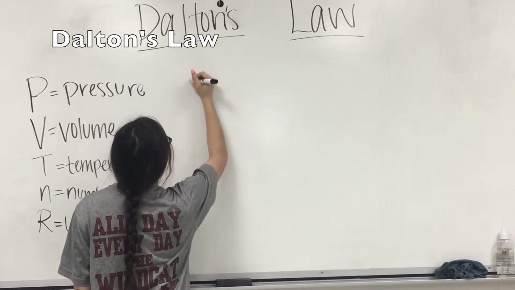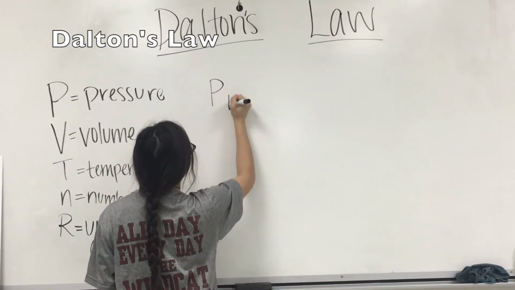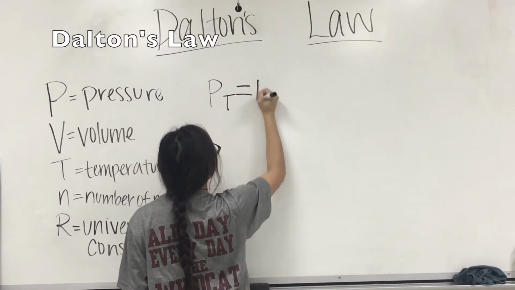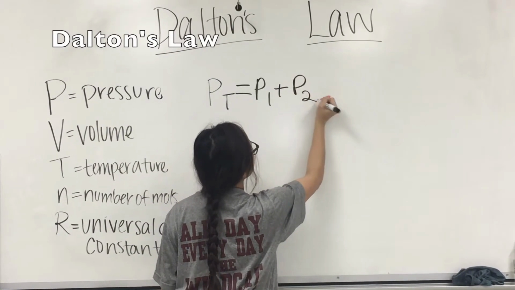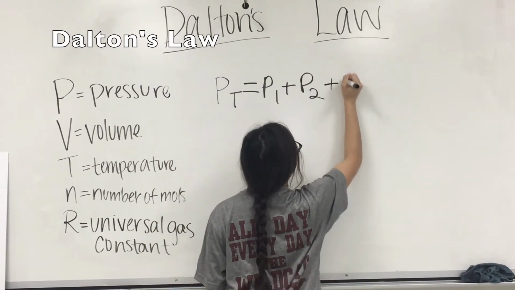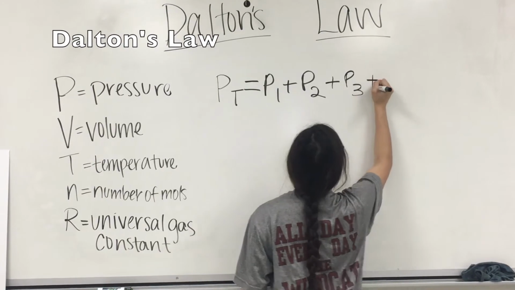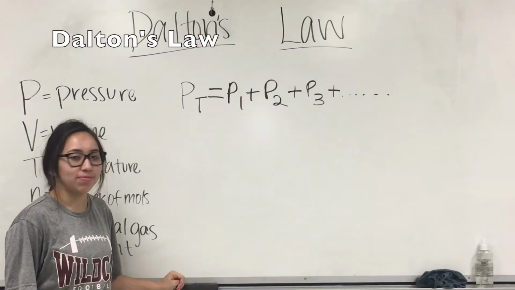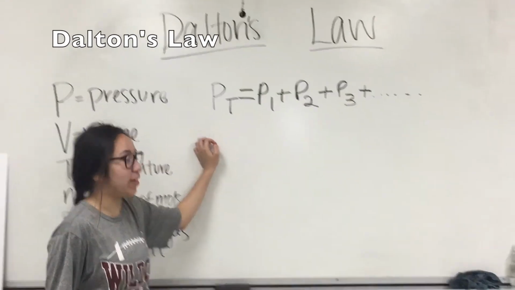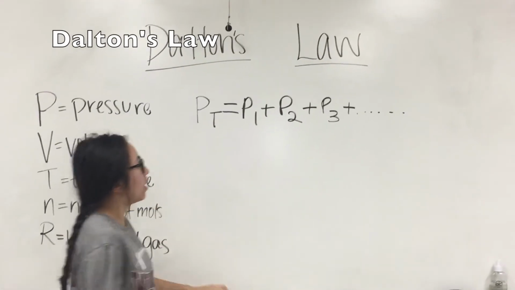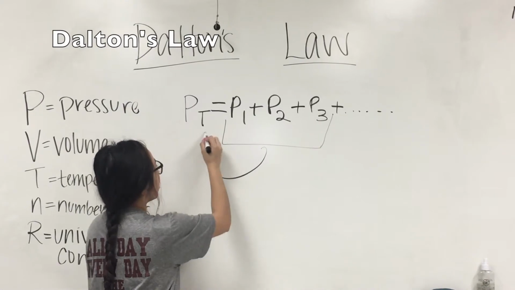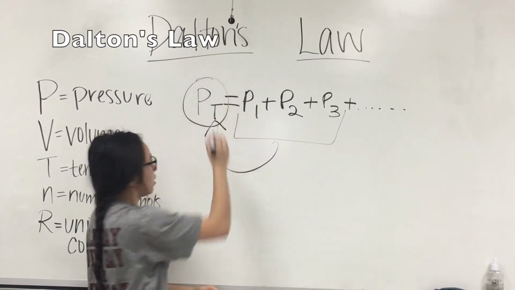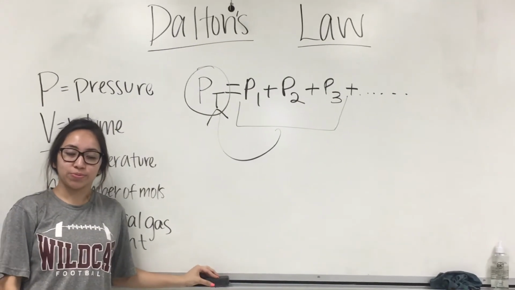The formula for Dalton's law is PT is equal to P1 plus P2 plus P3 plus so on and so on. All you have to do to find your total pressure is add up all of your partial pressures, which will then give you your PT, which is your final pressure.